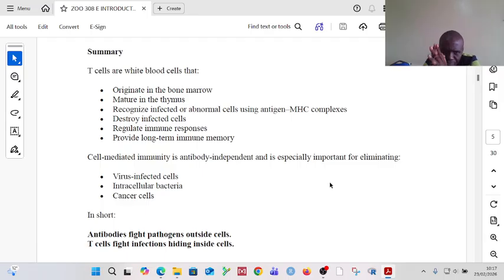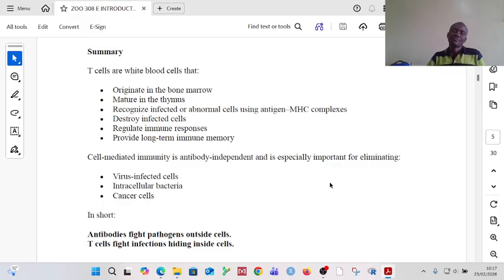So in short, to sum it up, antibodies help in fighting pathogens that are found outside cells. But T cells help to fight infections that are hiding inside cells. Okay?